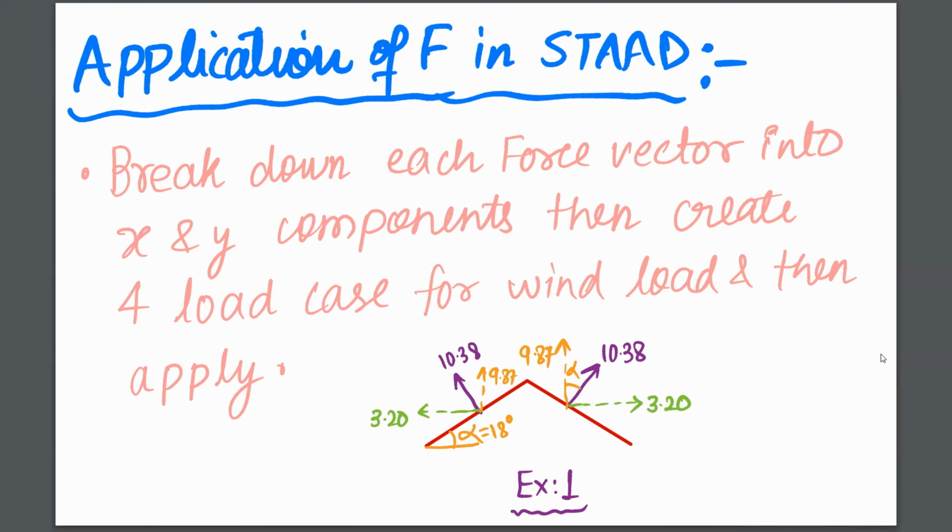And it would be quite difficult to apply 10.38 at a certain angle. So simply break down this value of force in both directions, and we will see in the next video how to apply it on the nodes.